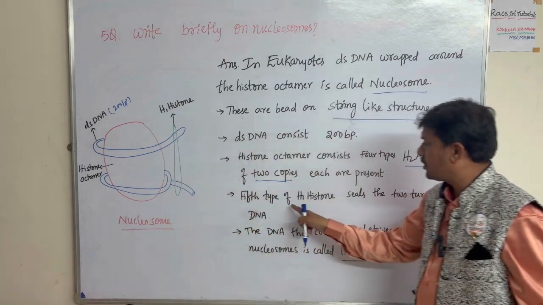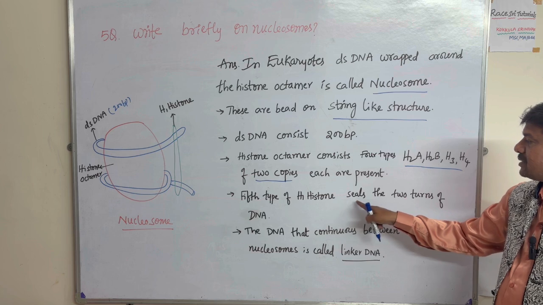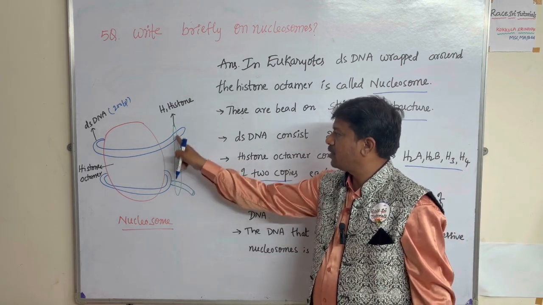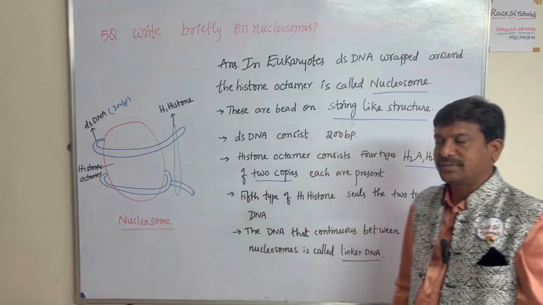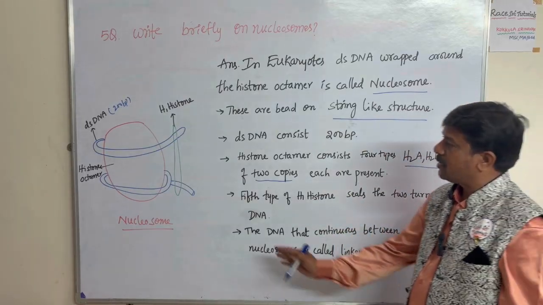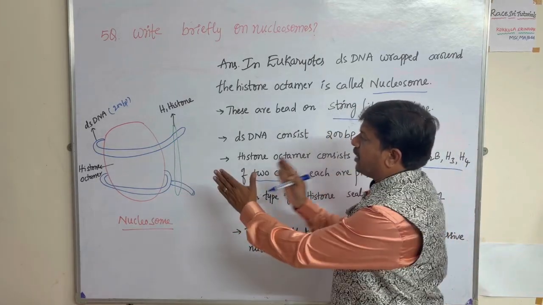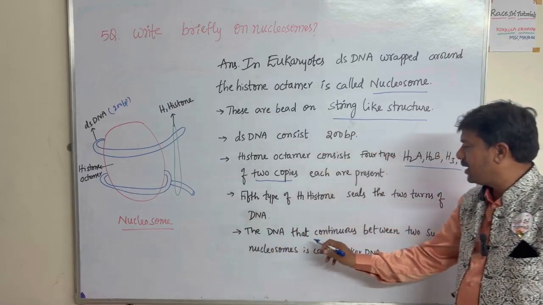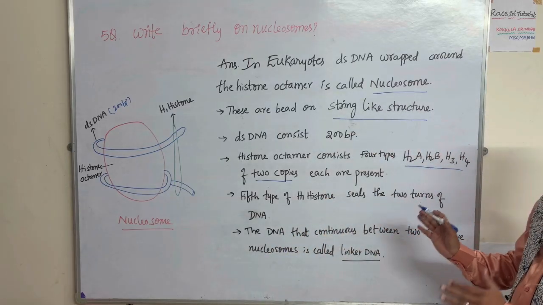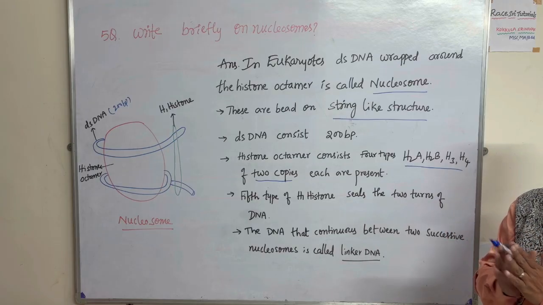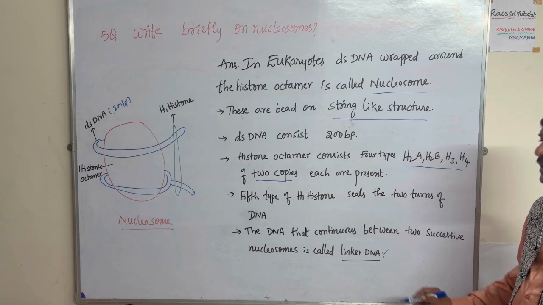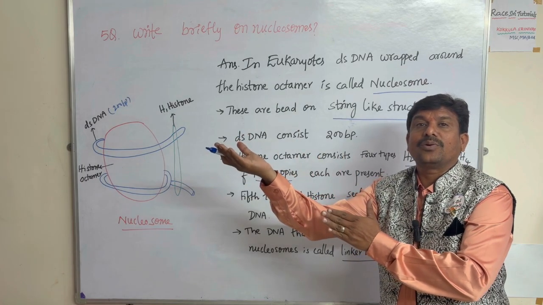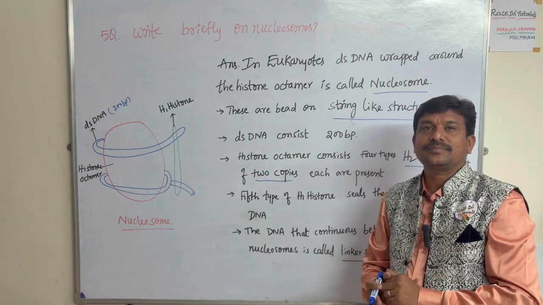So that's the fifth type: H1 histone seals the 2 ends of DNA. I think you're catching it? Right, that's it. So by the help of DNA, it may connect to another nucleosome. The DNA that continues between 2 successive nucleosomes is called linker DNA. By the help of linker DNA only, one nucleosome links to another nucleosome.